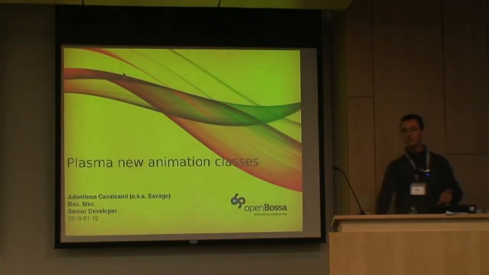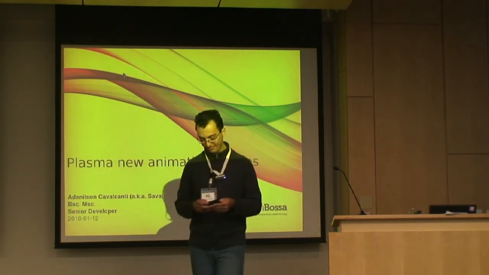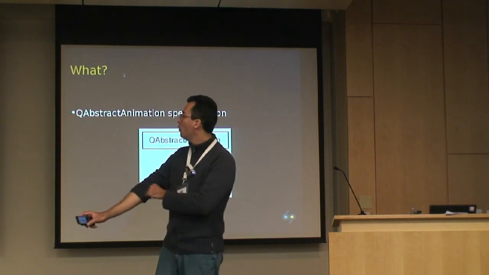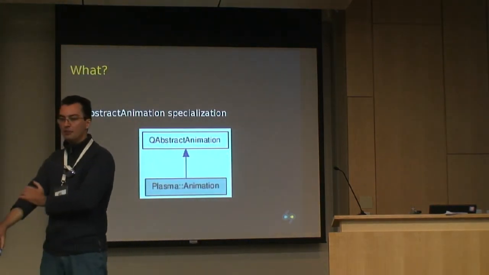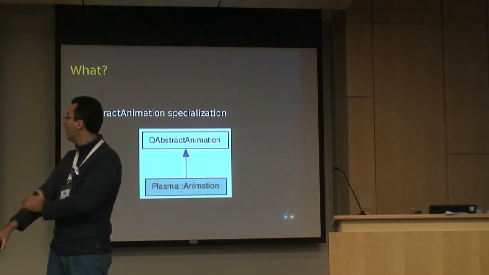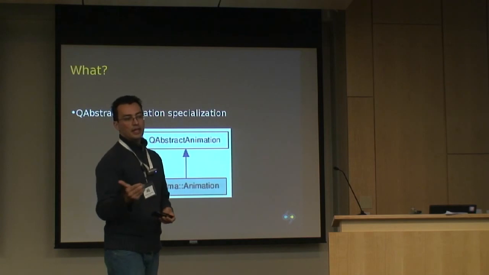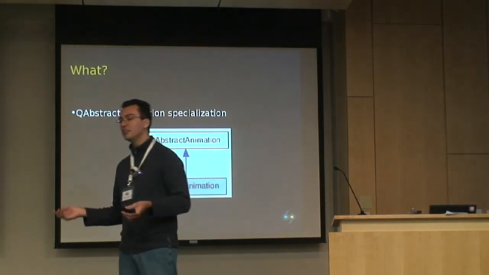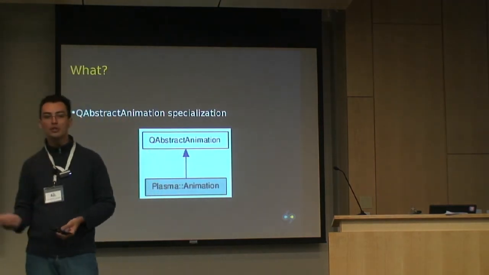Now finally we are going to see some running demos. Let's move on. Okay, what are those Plasma Animation classes? They are specializations of QAbstractAnimation, which means that you can easily integrate them with more standard Qt animation classes like QPropertyAnimation.